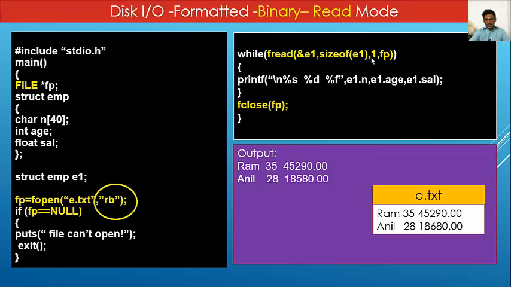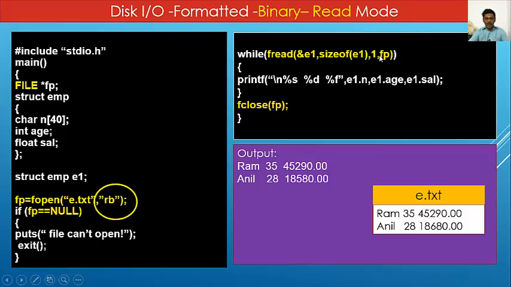Within the loop, we use fread. In the previous program, we used fwrite because we wanted to write data to the binary file. In this program, we use fread because we want to read data from a binary file. If we want to read data from a text file, we use fscanf.